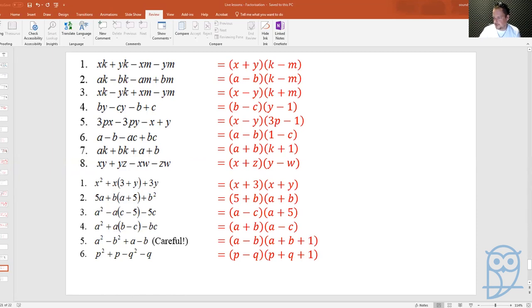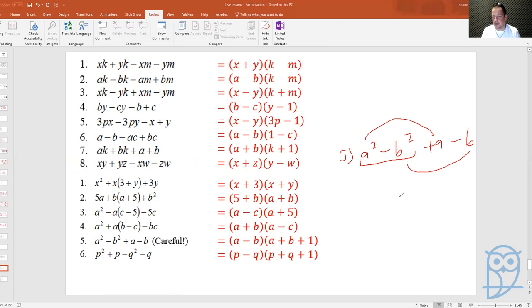So, annotate. If we have a look at number 5, we've got a squared minus b squared minus a plus b. The reason you were told to be careful is because this is a difference of two squares. If I decided to group those two and those two, I take out an a, I get a minus 1.